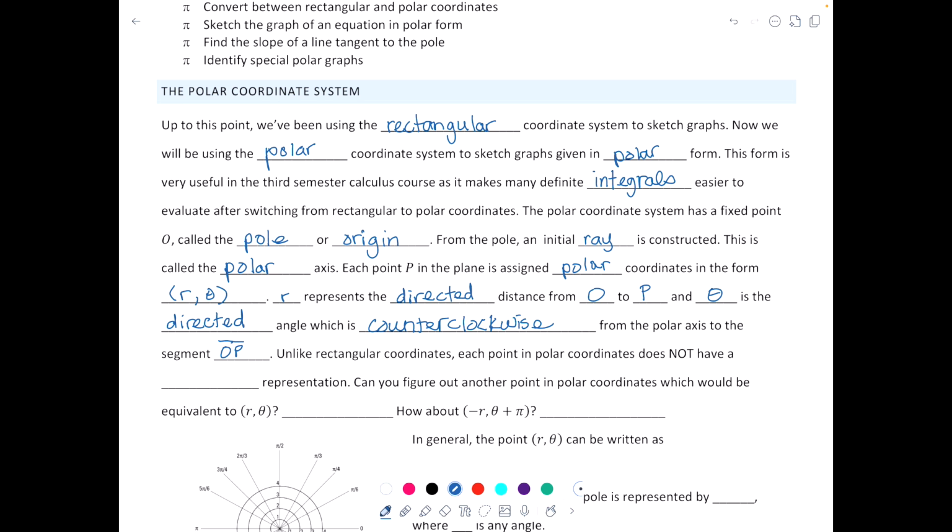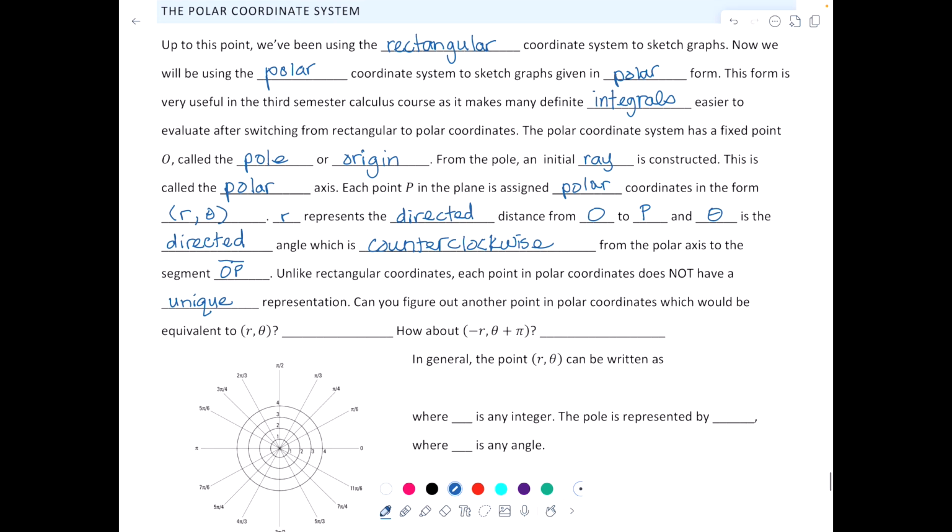Unlike rectangular coordinates, each point in polar coordinates does not have a unique representation. Can you figure out another point in polar coordinates which would be equivalent to (r, theta)? If you recall, when you're dealing with these circular functions, you have angles which are coterminal with each other.